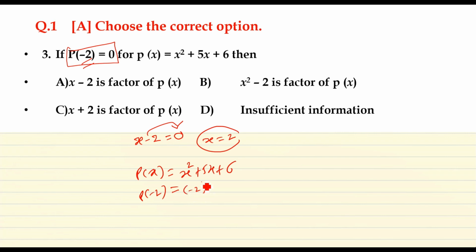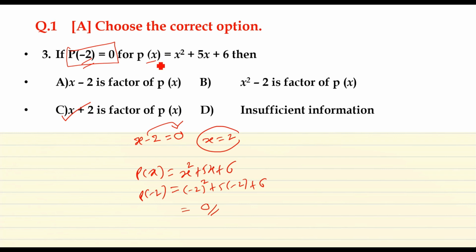If I put minus 2 square, plus 5 into minus 2, plus 6, I am getting the answer as 0, and therefore we can say that x plus 2 is a factor of p of x.